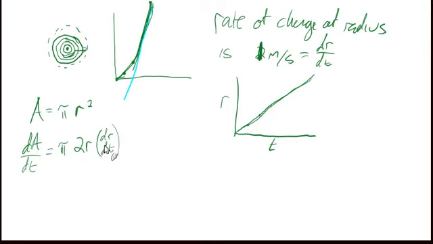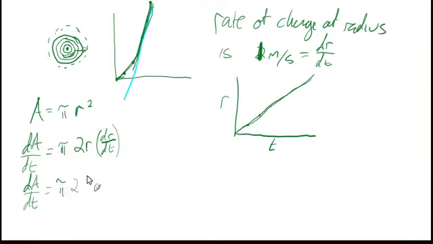So look, I have related the rate of change of the area with respect to time to the rate of change of the radius with respect to time. And say when the radius is 5 meters, I want to know how fast the area is increasing. Because remember that the rate of change of the area is changing all the time, every instant.